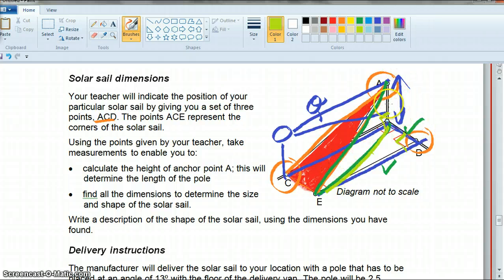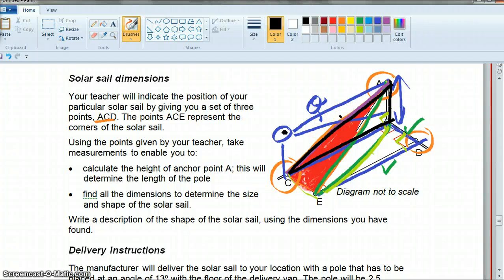So you would use Pythagoras again to find this length here. Does that make sense? Yeah. You would have that. How would you find out that length here? That length here, how would you find that out? You've got the length there and the height, which you've calculated by doing that. Yeah? So to calculate that length there.